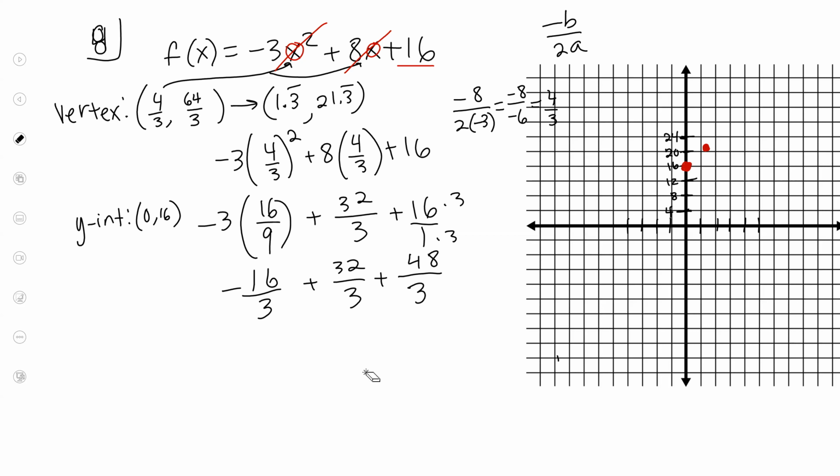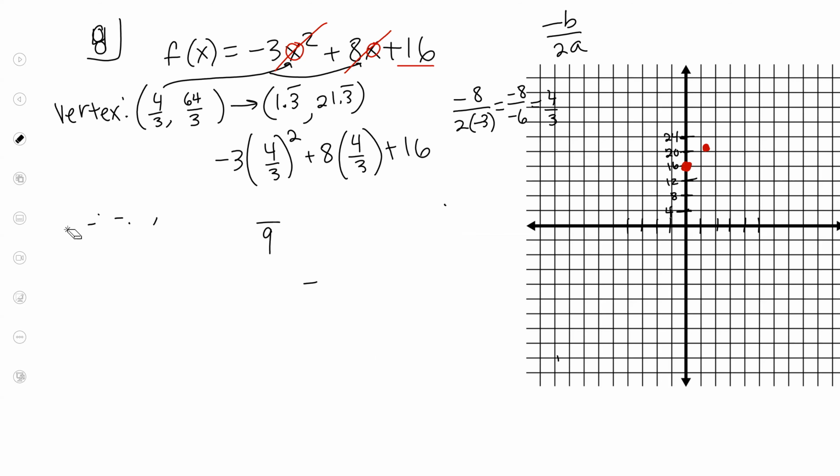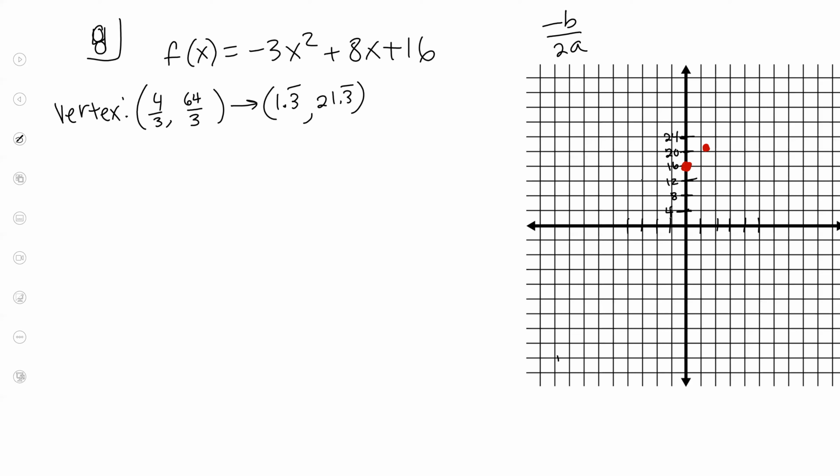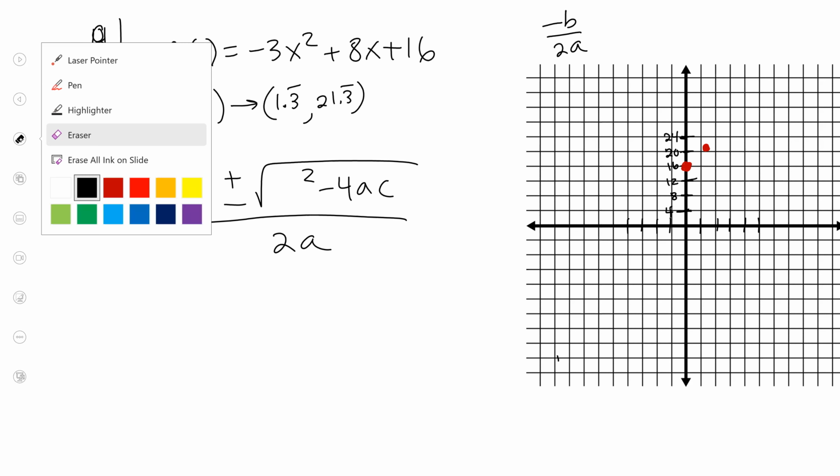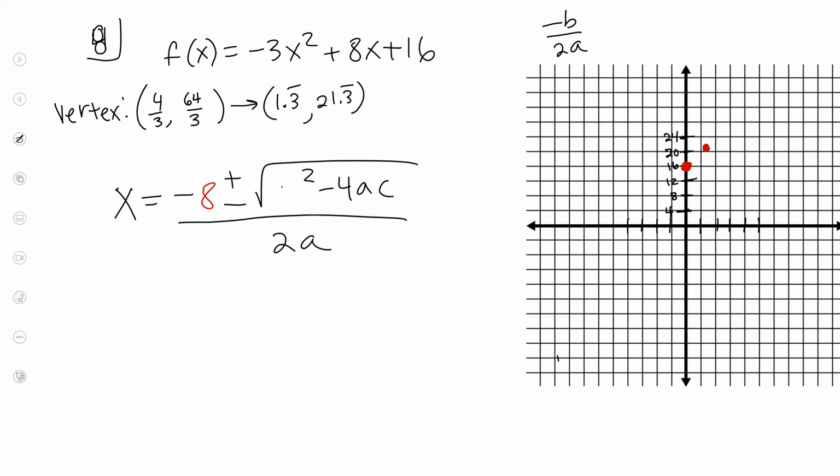I'm just going to use the quadratic formula. So the quadratic formula is x equals negative b plus or minus the square root of b squared minus 4ac, all over 2a. So I'm just going to replace the numbers. The b's are going to be replaced with 8.